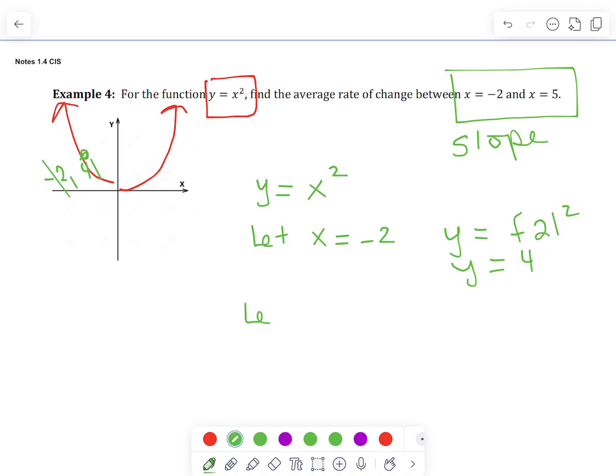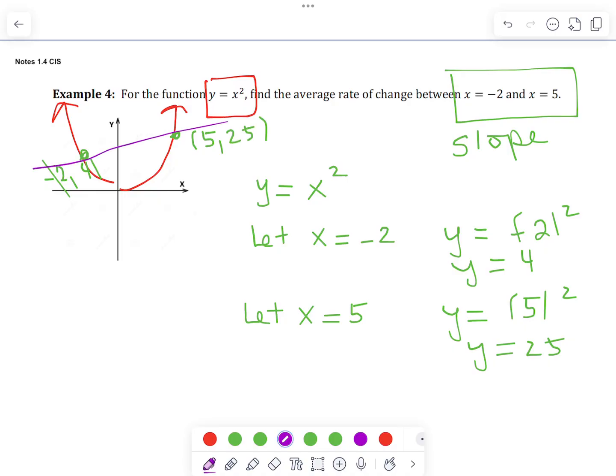And then I'm going to let x equal 5. So y equals 5 squared. So y equals 25. So that's the ordered pair over here, (5, 25). And then we go ahead and create that line.